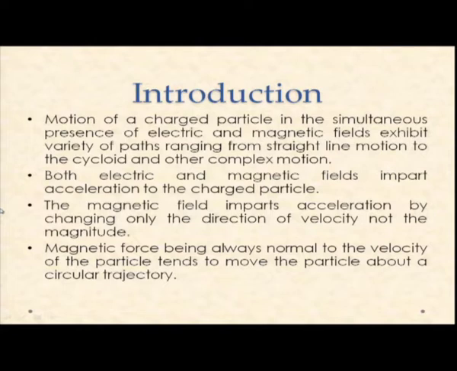The magnetic field imparts acceleration by changing only the direction of velocity, not the magnitude. Magnetic force is always perpendicular to the velocity vector of the particle, which tends to move the particle about a circular trajectory. So that's the nature of magnetic field when it acts on a charged particle.